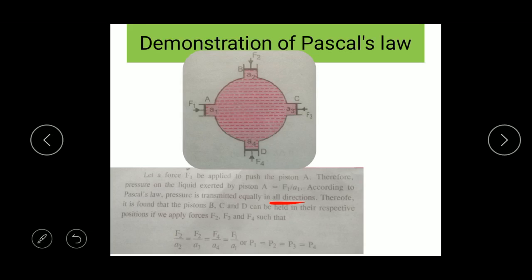When you apply pressure on the liquid by a piston, that pressure is transmitted equally in all directions, to all parts of the liquid and the walls of the container, without diminishing in magnitude. This law is known as Pascal's law.